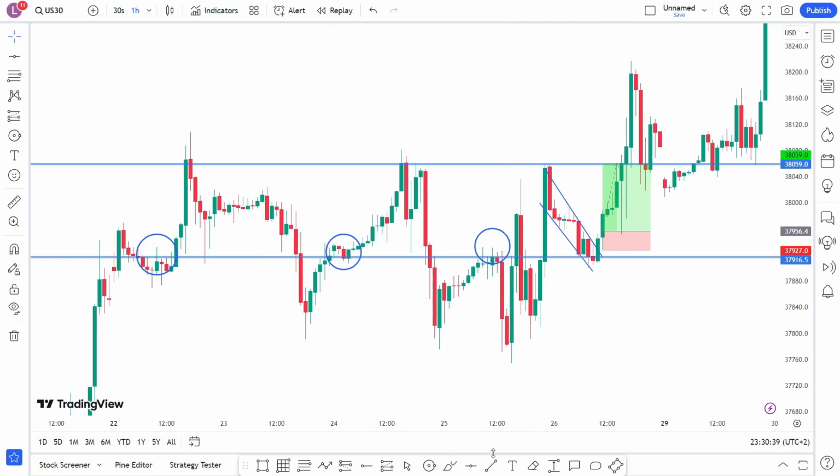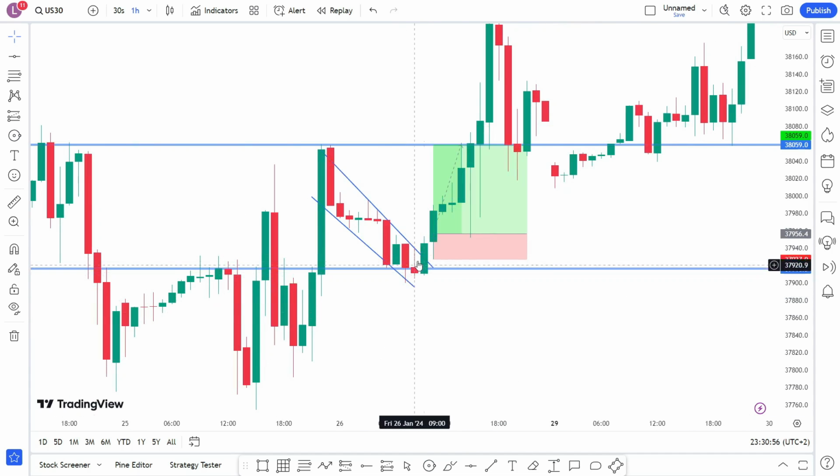I could see the market starting to show some sort of rejection: we have this reversal candlestick followed by an engulfing candlestick right over here, which engulfed these 2 previous candlesticks.